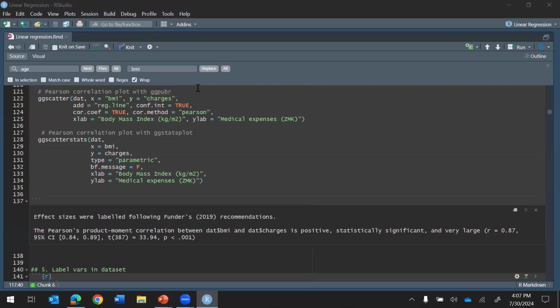What are our variables, Kelvin? What variables do we have in our data set? I said the age, the sex, and the weight. I don't think we have weight in our data set. We have BMI though.